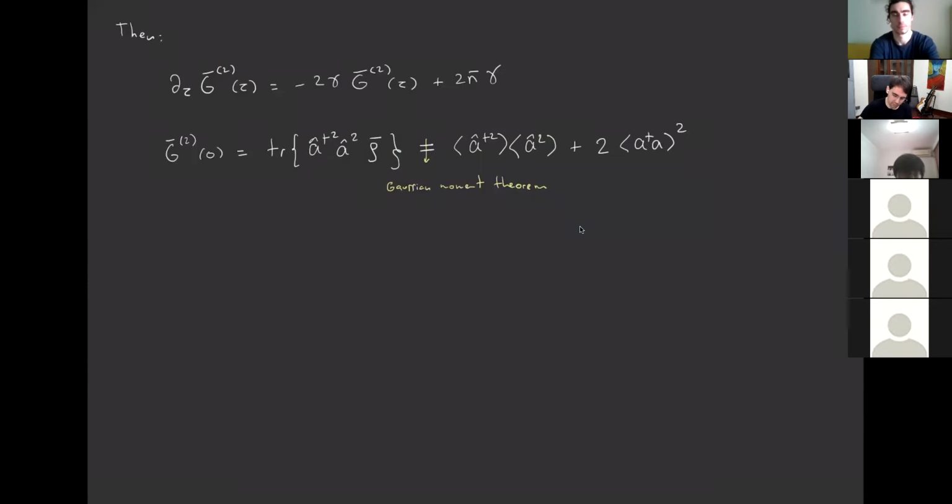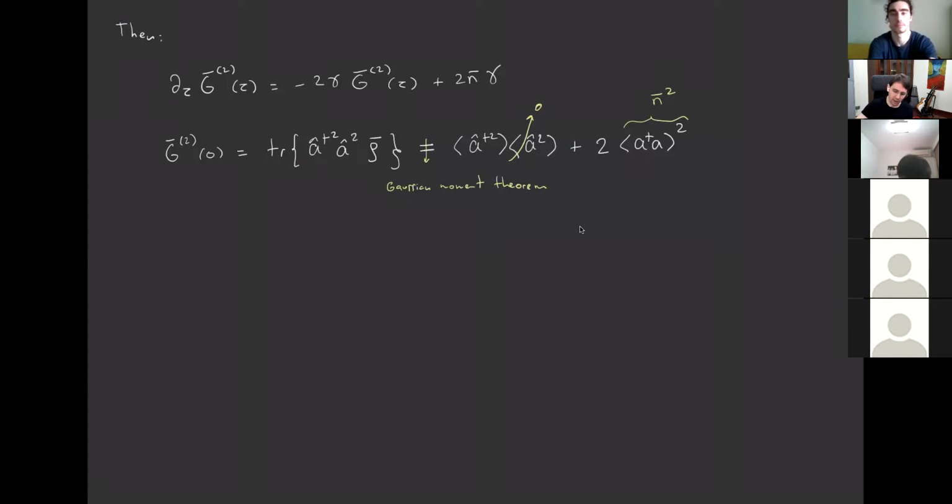This is 0 in a thermal state because it's phase invariant and a square is not phase invariant. And this is just n squared because it's the number of excitations squared.